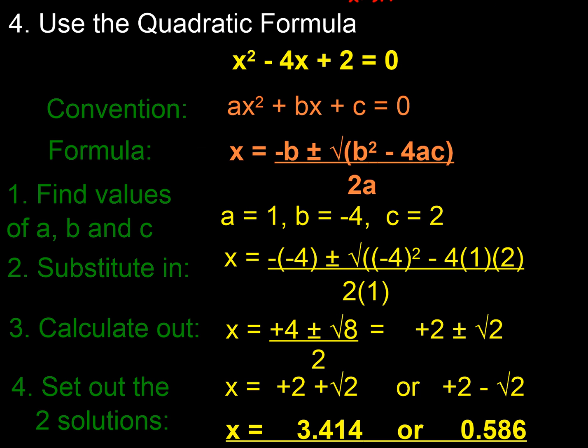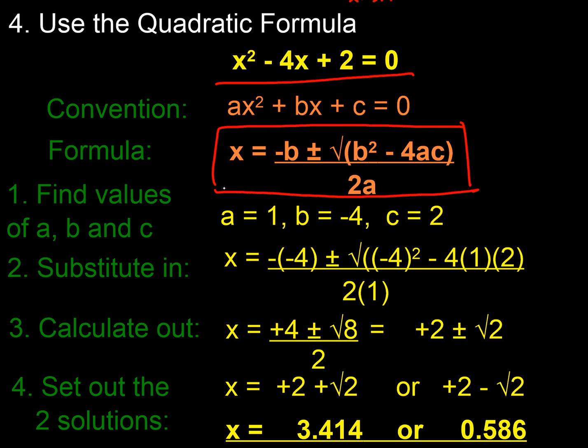So let's now try getting a more accurate solution using our quadratic formula. So here's our expression again, and what we're going to do is use this formula here, which you have to memorize for GCSE these days. And where are we going to get these a, b's and c's from?